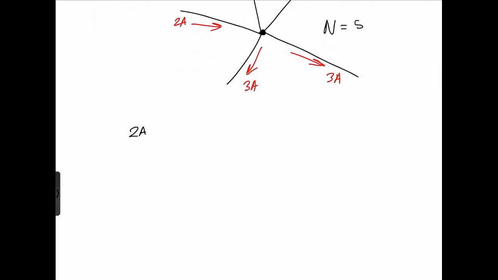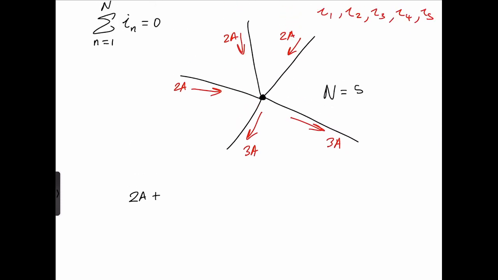So then we get 2 amperes. So we're doing these currents right here. 2 amperes plus 2 amperes. And then we add a negative 3, which is minus 3 amperes. Same thing for the other one, 3 amperes. And that should equal 0.